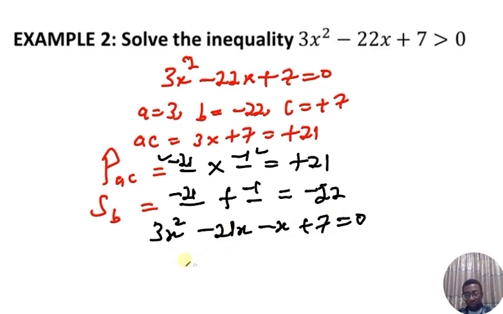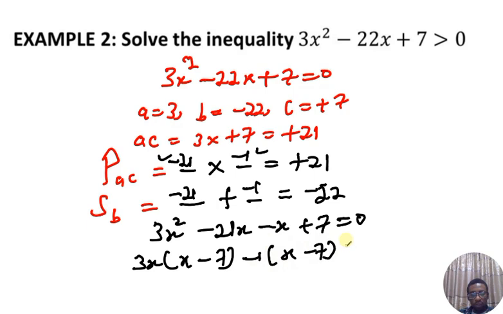If I factorize this, in the first two terms, 3x is common. That's 3x bracket x minus 7. Then the common factor here is minus 1 bracket x minus 7 as well, equals 0. So the two factors are 3x minus 1 and x minus 7 equals 0.